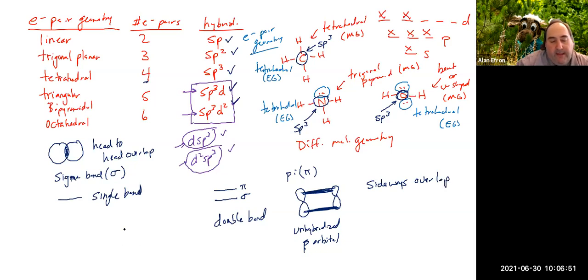So remember when you look at a p orbital, there's a part here which is referred to as the node, where there's really no amplitude. And remember that all these orbitals are really just probability maps, right? High probability and low probability areas where you could perhaps find an electron hanging out.